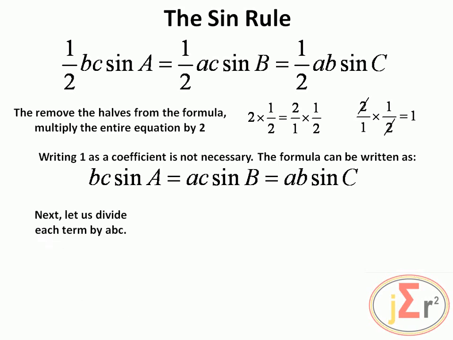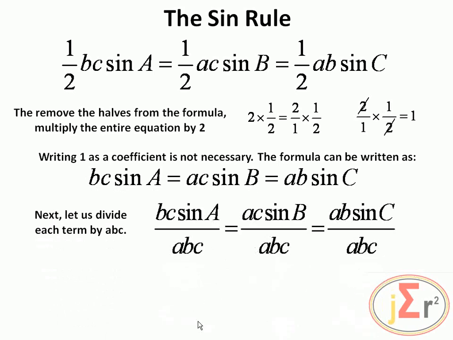Next, let us divide each term by ABC. These are the terms, BC sine A, AC sine B, and AB sine C, all divided by ABC. Let us see what happens.